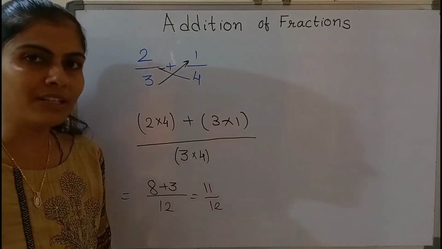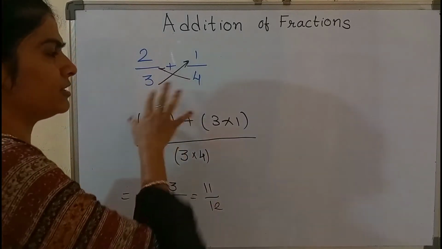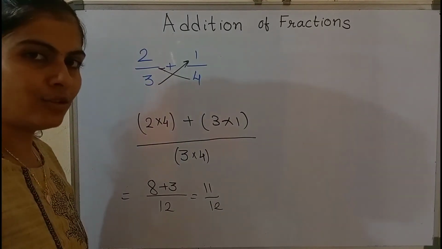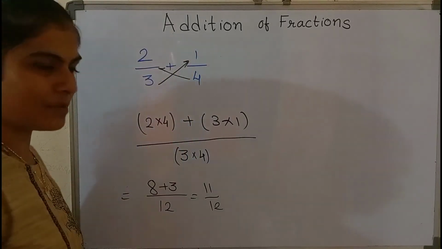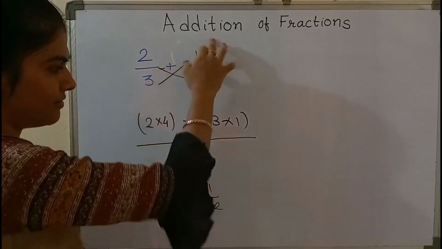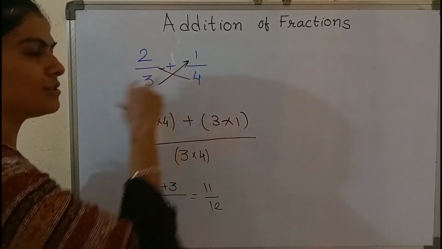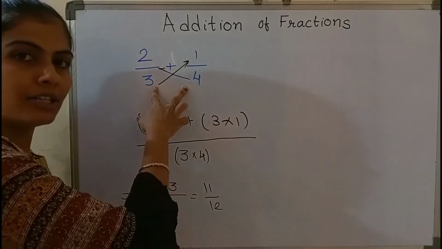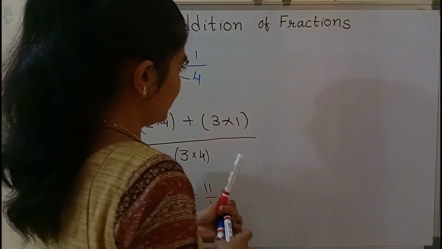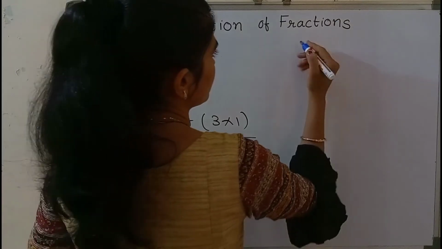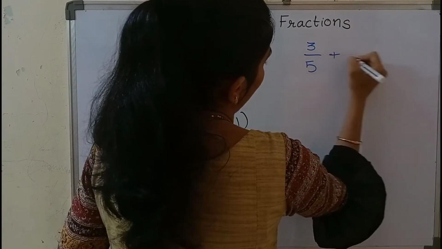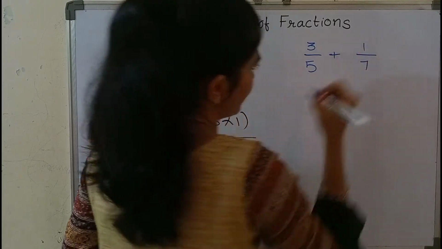In the conventional method, we used to take the LCM of 3 and 4, and then make the denominators common. Rather than doing that procedure, we are just cross multiplying them, right? So 4 2s are 8 and 3 1s are 3, which is also cross multiplication. Then we are supposed to add them, and the denominator is the product of these two numbers. Let's take one more example of it. 3/5 plus 1/7.